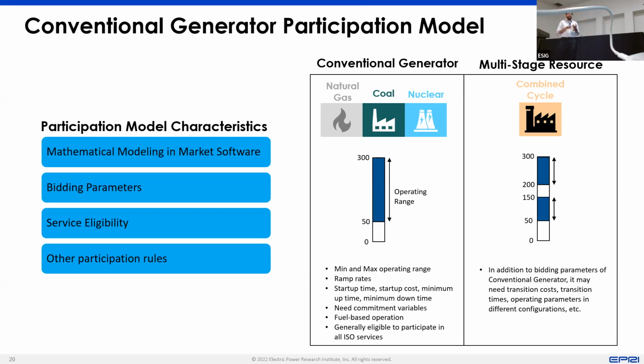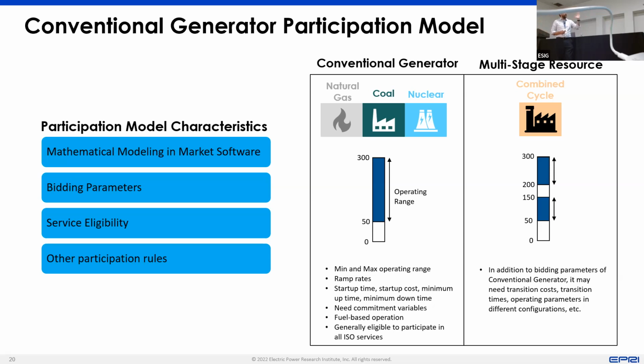They also have a lot of the parameters that are very specific to the operating constraints of a steam turbine or a combustion turbine, and even some that I'll talk about in terms of combined cycle facilities, things like ramp rates, minimum and maximum ranges, all these parameters that really show how I can participate in the grid, how much energy I can provide and get scheduled. So that really is making up this participation model for a conventional generator.